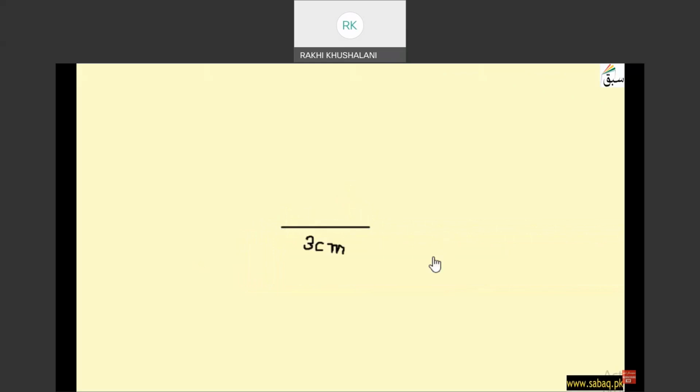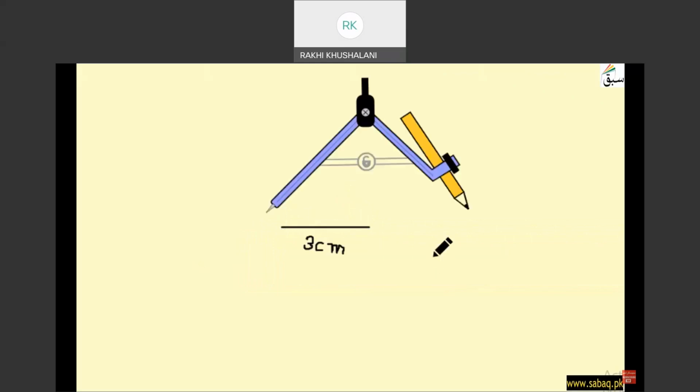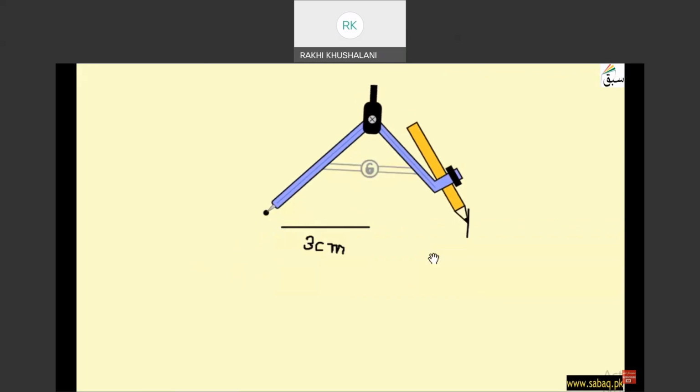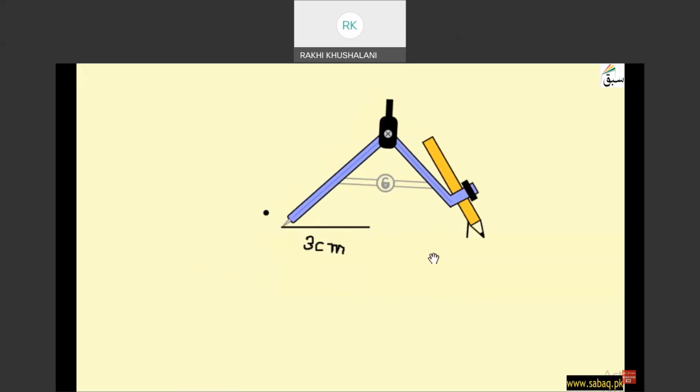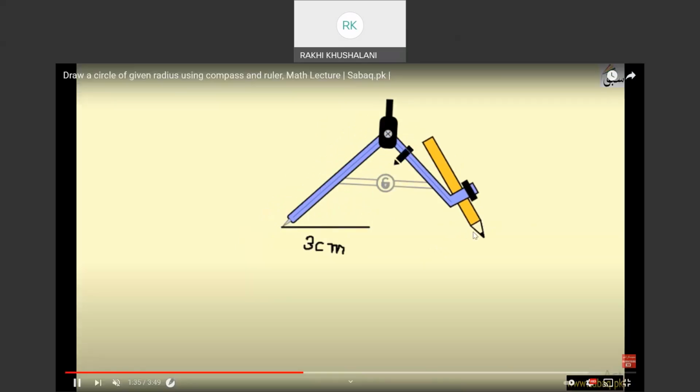Now pick up your compass. Okay, उसमें जो pointed edge है वो first end पर रखेंगे हम लोग. Yes, this is the first end. And then move your compass in such a way that the pencil end comes at the end of the 3 centimeter.